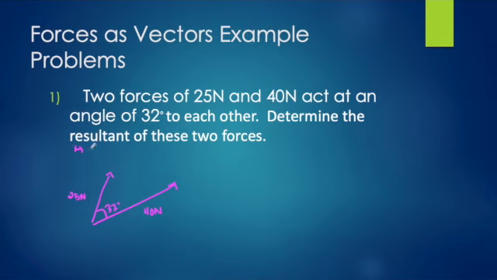So resultant, you're going to want to find the 25 plus the 40 newtons added together. Okay, so let's call this one our force 1, because it doesn't tell us in the picture or in the word problem, and let's call this force 2. Okay, so your resultant is going to be F1 plus F2.